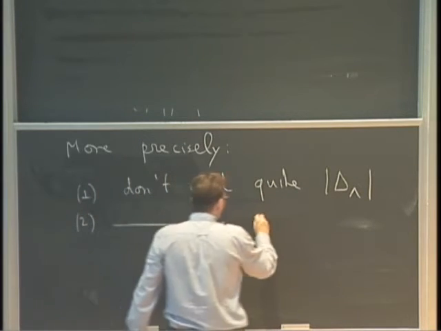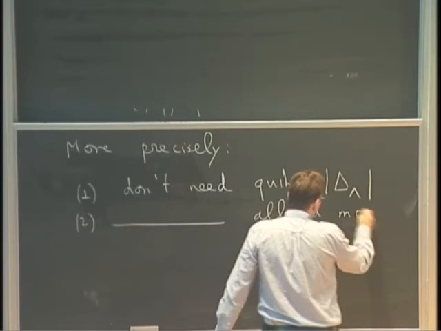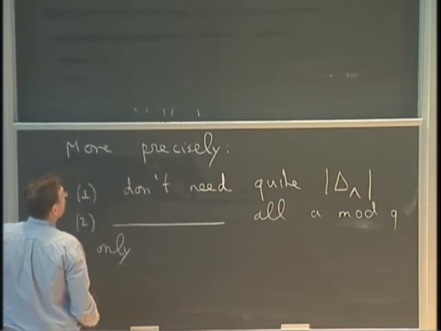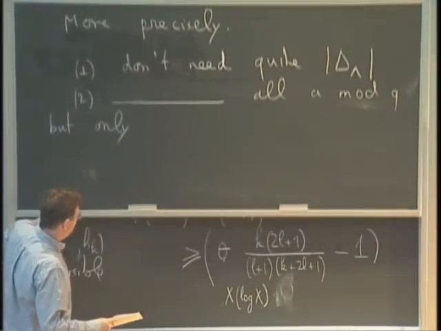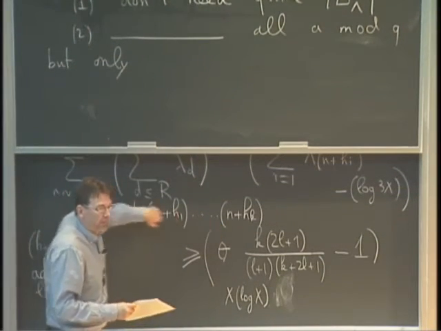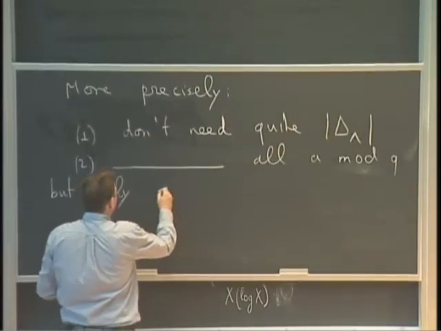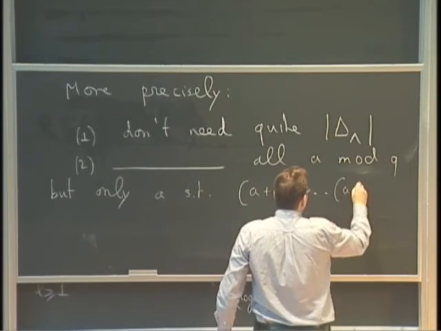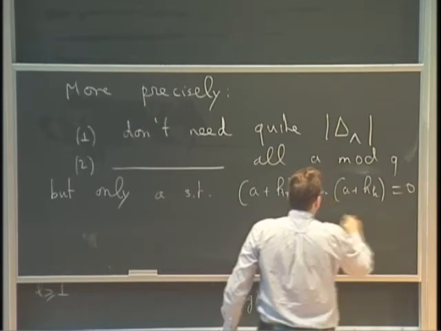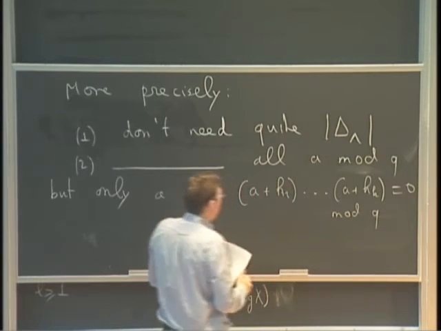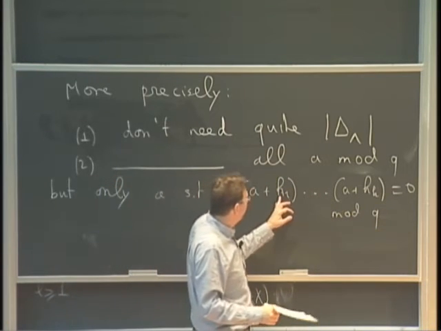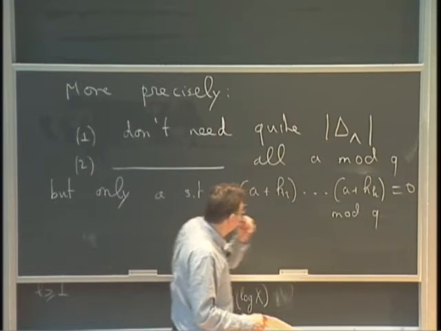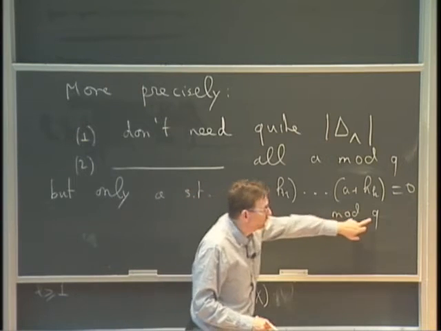You don't need all A mod Q, coprime with Q, but only those which are roots of this polynomial, this function of n which arises here, modulo Q. A such that (A plus H1) through (A plus HK) is 0 mod Q. And so typically, because Q is square free, this will be just K to the power of the number of divisors of Q. Okay?